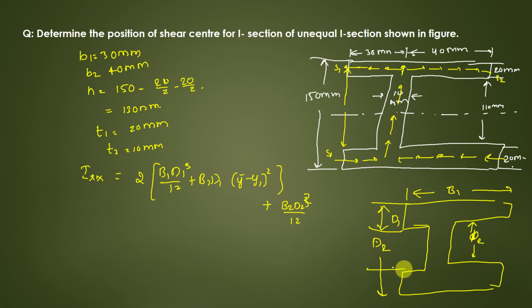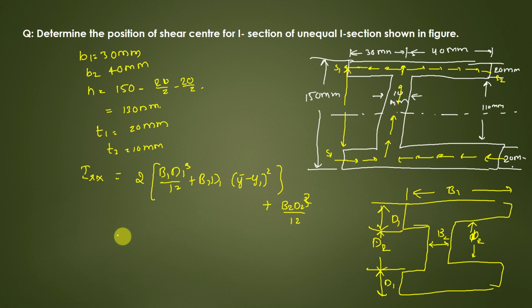This is d2 up to here. Again this also comes under d1. D1 for flange, d2 for web. Please don't get confused here. B2 is the width of the web, B1 is the width of the flange. D1 is depth of the flange, D2 is depth of the web.